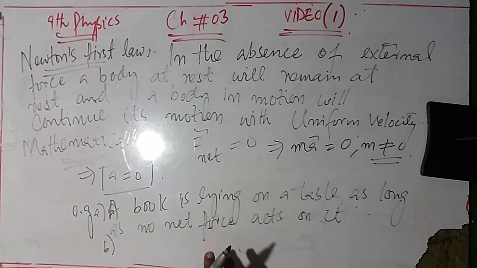And the second example: a ball hit by a batsman will move forever with uniform velocity if there is no friction and air resistance.